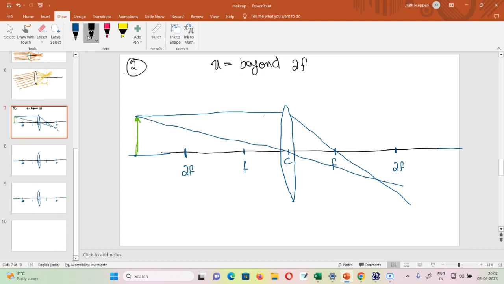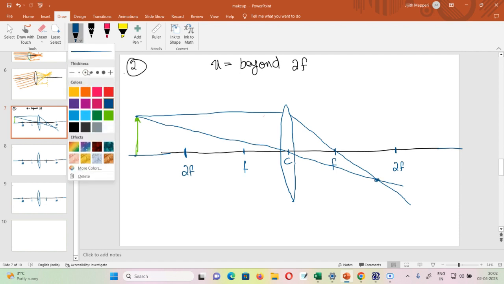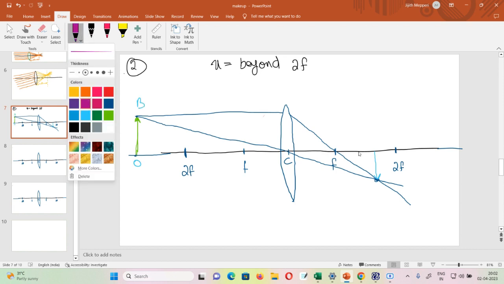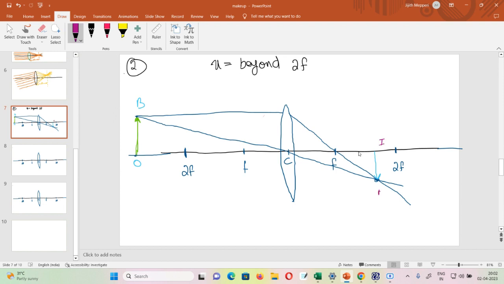I can see that these two rays are crossing at a position here, and you can draw the image here. So this is my object, and this is my image. So if I keep my object beyond 2f, what is the position of my image?